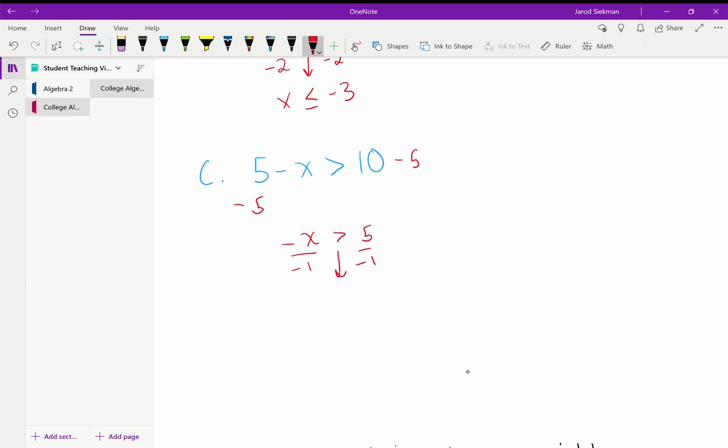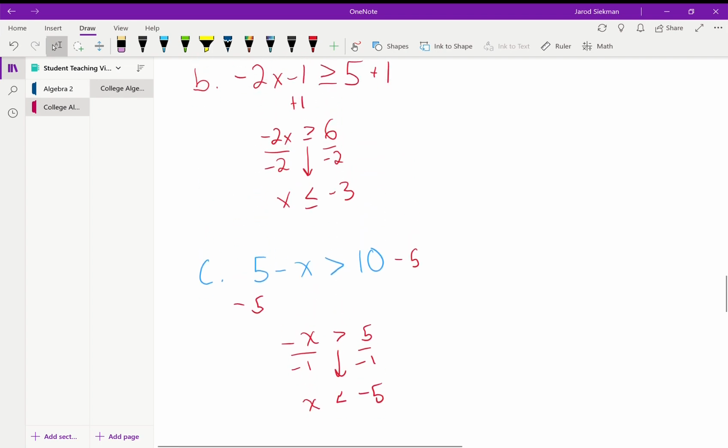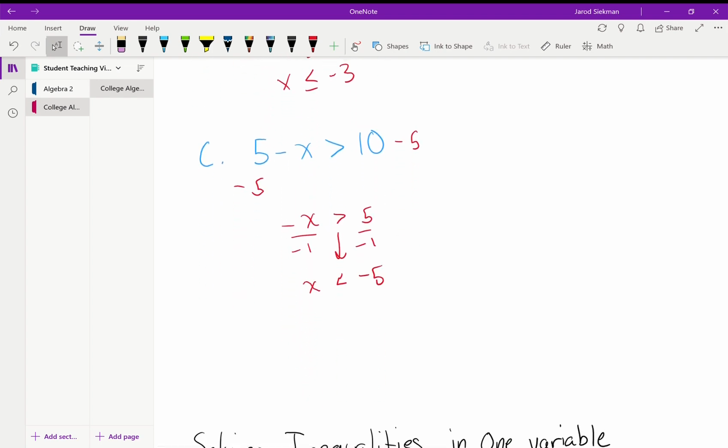And that makes us flip that inequality, so it's then x is less than negative 5. Alright? And that's the key difference. When you divide or multiply by negative, you want to flip that inequality.